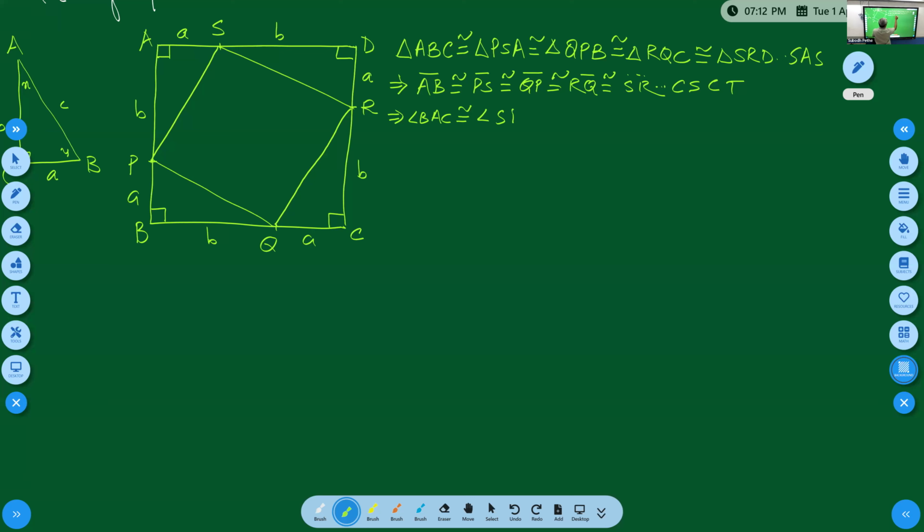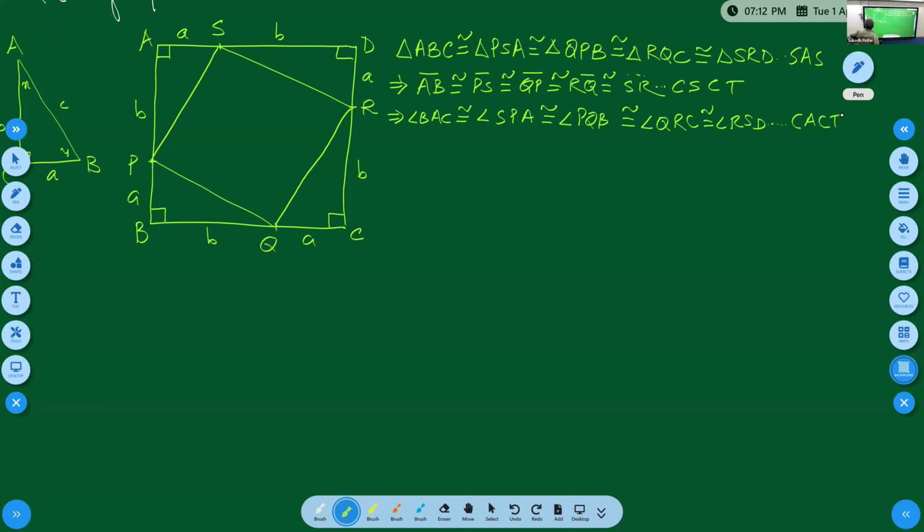Angle SPA congruent with angle PQB, congruent with angle QRC, congruent with angle RSD, by CACT.